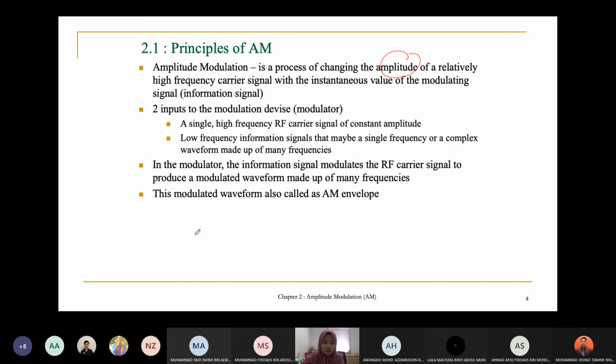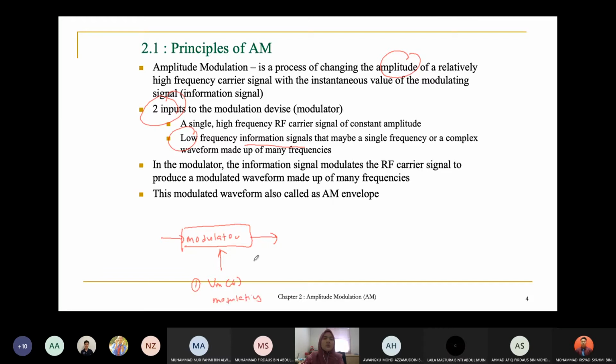Okay, so let me draw the modulator block diagram again. So this is the modulator. Here you have two inputs. I already told you before that we have two inputs. The first one is the modulating signal or the information signal, low frequency, which we define as VM(t). VM is the modulating signal.